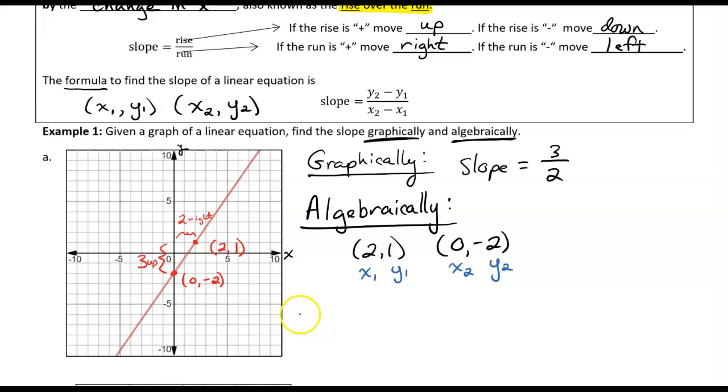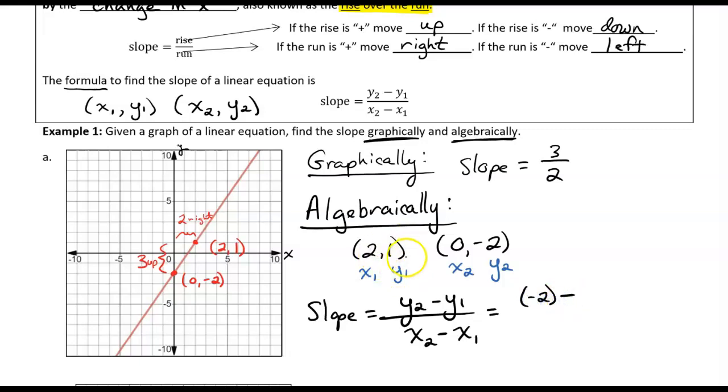So when you go to use the formula, you know where to plug in the numbers. So the formula is y2 minus y1 all over x2 minus x1. So my y2 is a -2 minus my y1 is a positive 1, divided by, let's see now, the bottoms are the x values, so 0 minus 2. And I have a -2 up top minus 1. Well, that's -3. 0 minus 2 is -2.